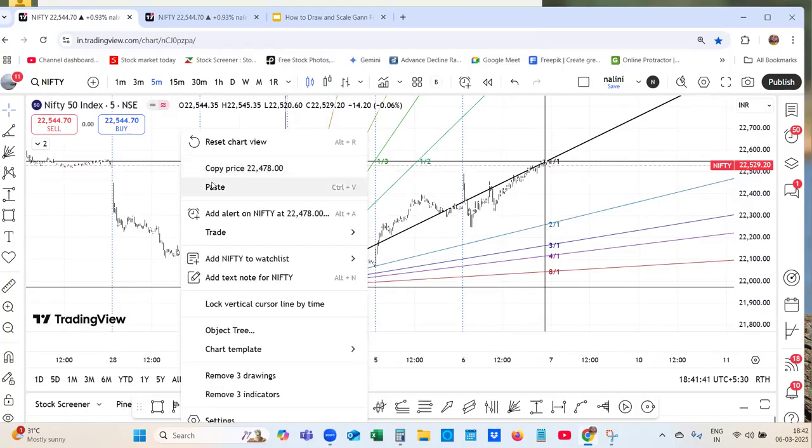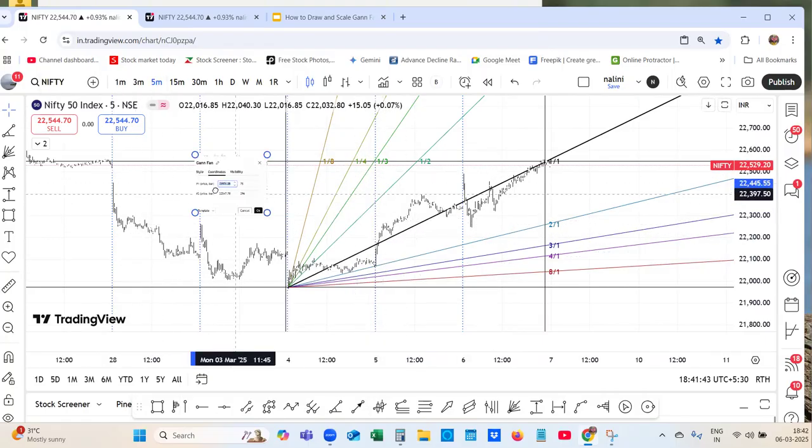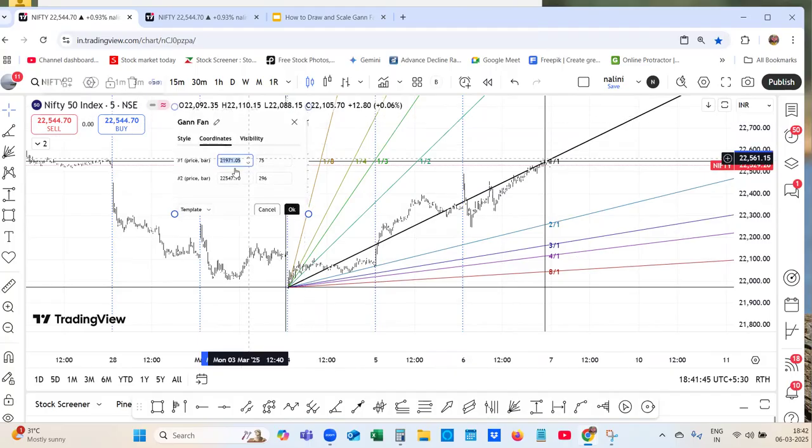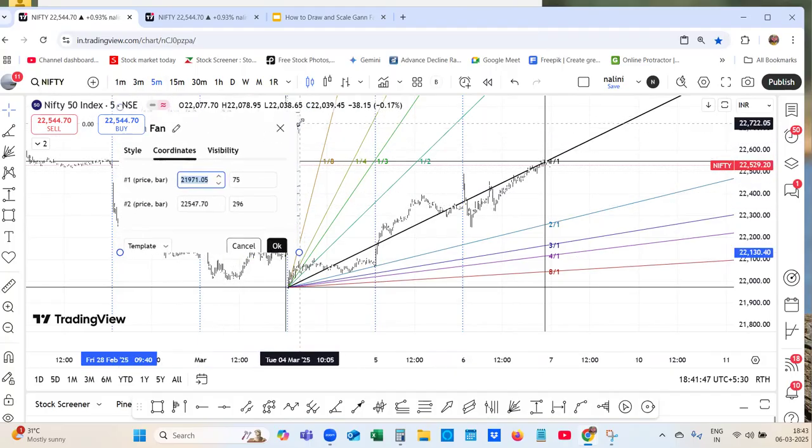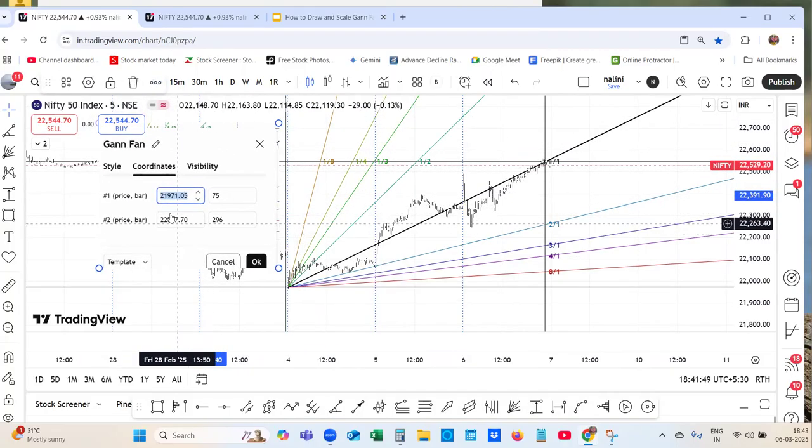I'm pasting the values here so that you can see. This is the lower price, and it is coordinating with the 75 bars.